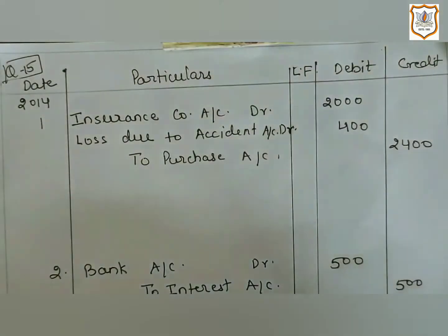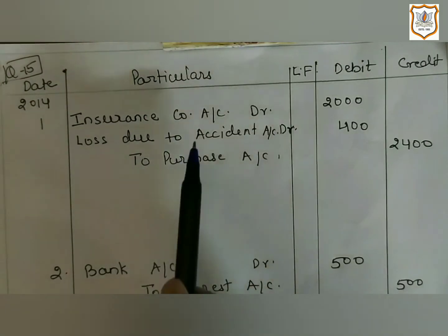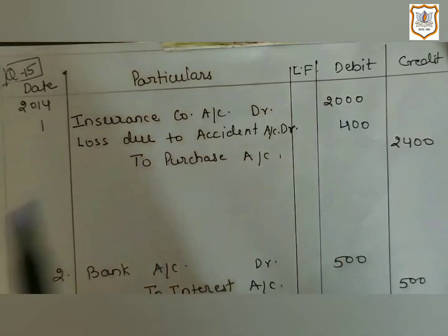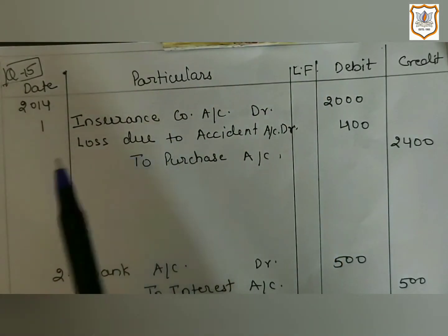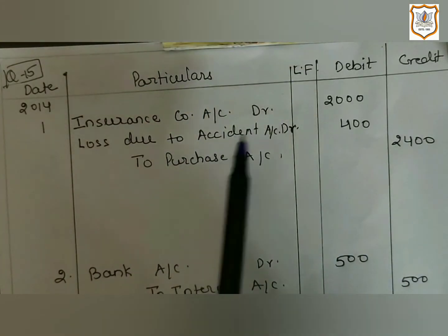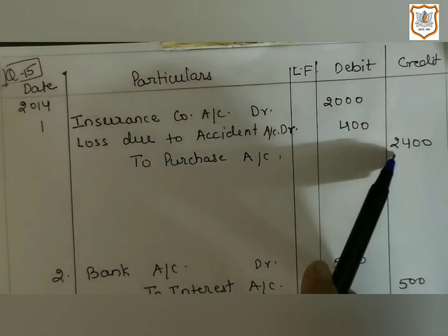Here it is clearly understood from this journal entry that goods must have been damaged. That's why the insurance company has admitted a claim of rupees 2000, and here the business is suffering a loss of rupees 400. Goods must have been damaged by rupees 2400.